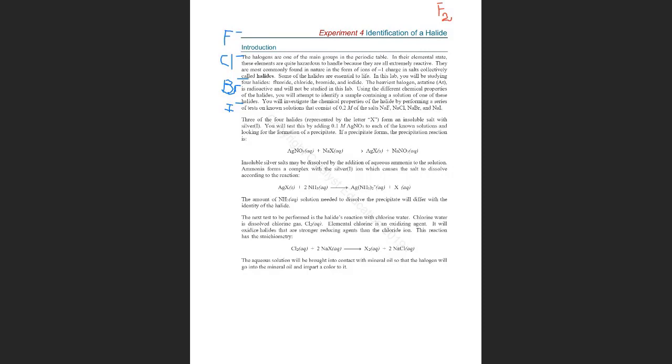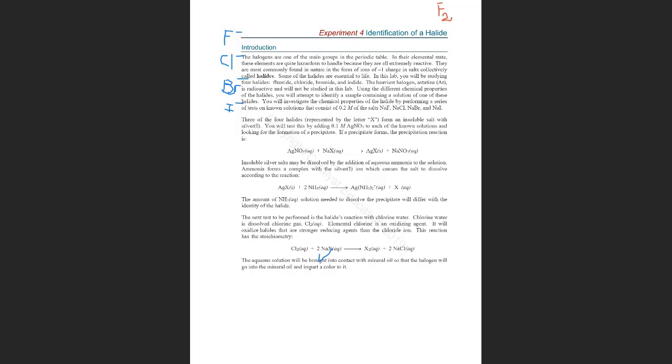So basically, in order to identify these 4 halides, we are going to perform 2 main reactions. Here is the first main reaction, this one.